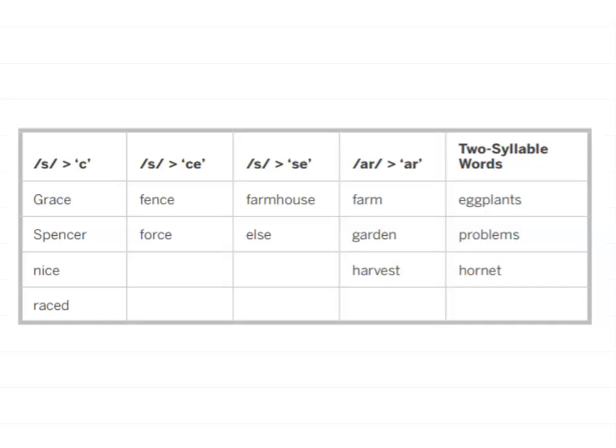The third spelling is SE representing the S sound. We have farmhouse and else. The last spelling is R: farm, garden, harvest. You will see these 2-syllable words in the story: eggplants, problems, and hornet.